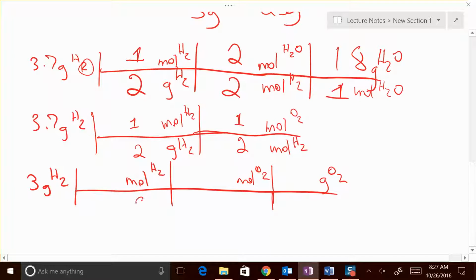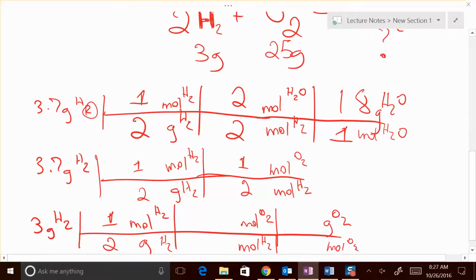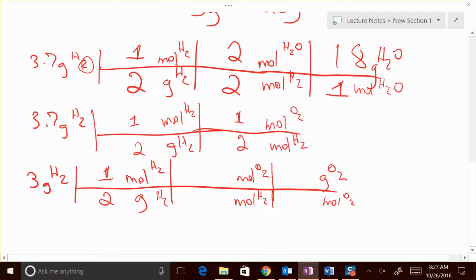So, drop my units. Okay? Fill it in. Grams are moles. Moles are 1. Grams are 2. What is this relationship according to my balanced chemical equation? Okay, 1 over 2.